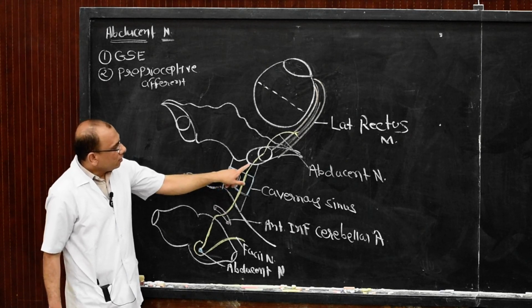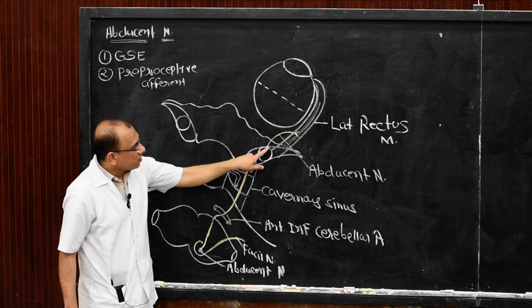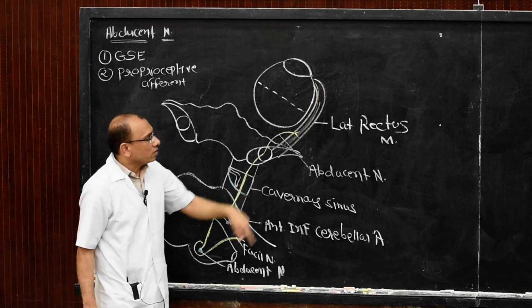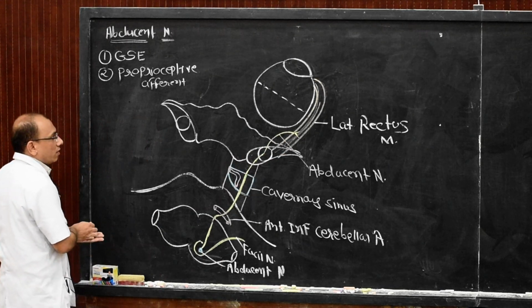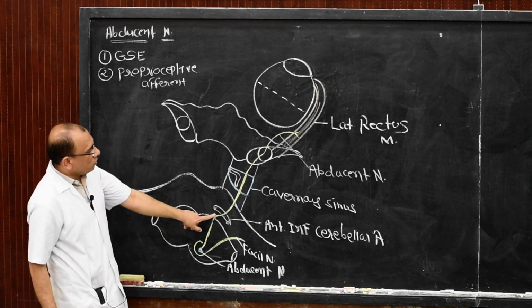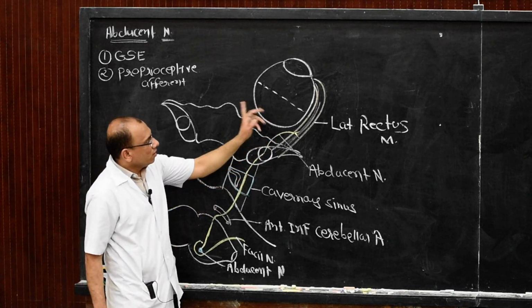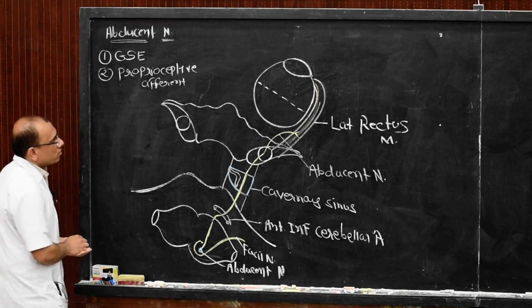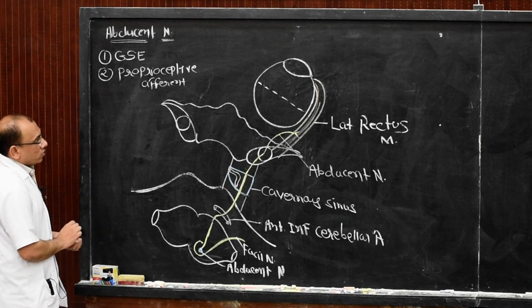Then it enters the orbit through the tendinous ring and supplies the lateral rectus muscle. So this is about the deep origin, superficial origin, course and distribution of the abducent nerve.